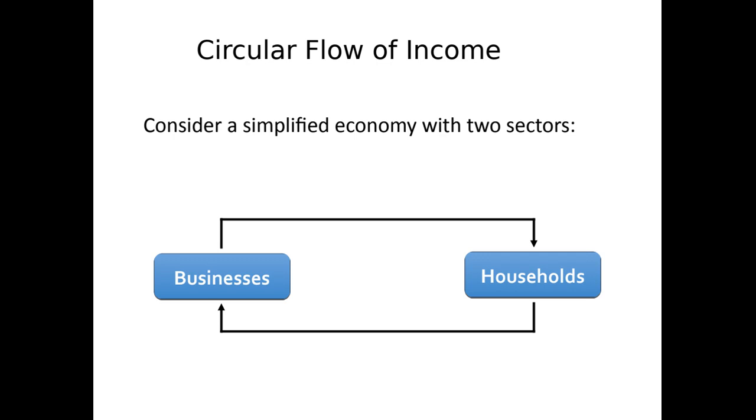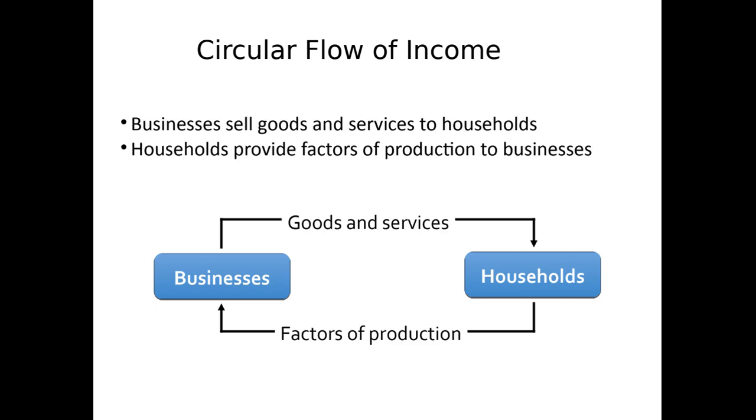So this is considered a simplified economy with only two sectors, that is businesses and households. And these arrows are very important, right? That is why we call it circular flow. So it must move in a circular fashion. If you look at this diagram, we assume that households provide factors of production to businesses.